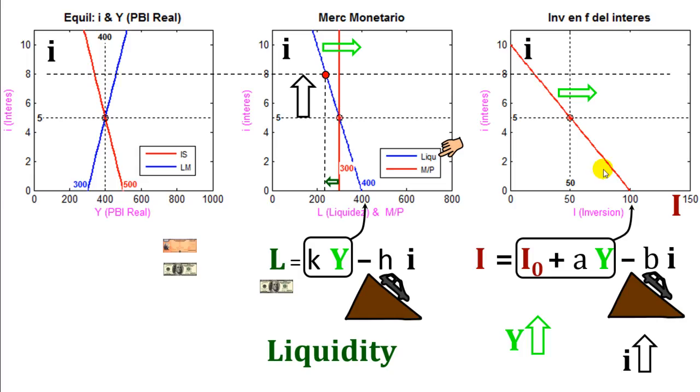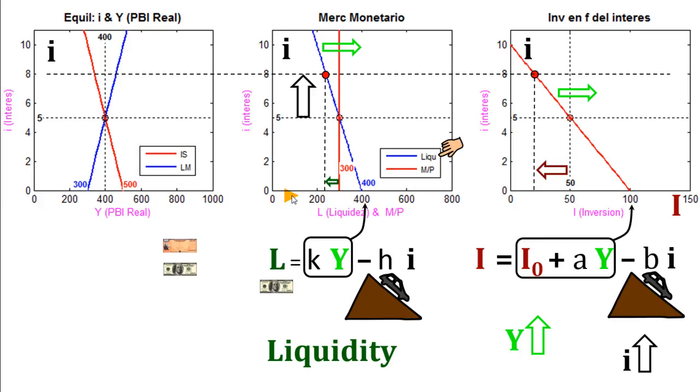And here is the same thing. You move along the curve and go from here to here. The interest rate goes from 5 to 8. So because of that, the investment goes from 50, from this value, to this value. So mathematically they are quite similar, quite related.